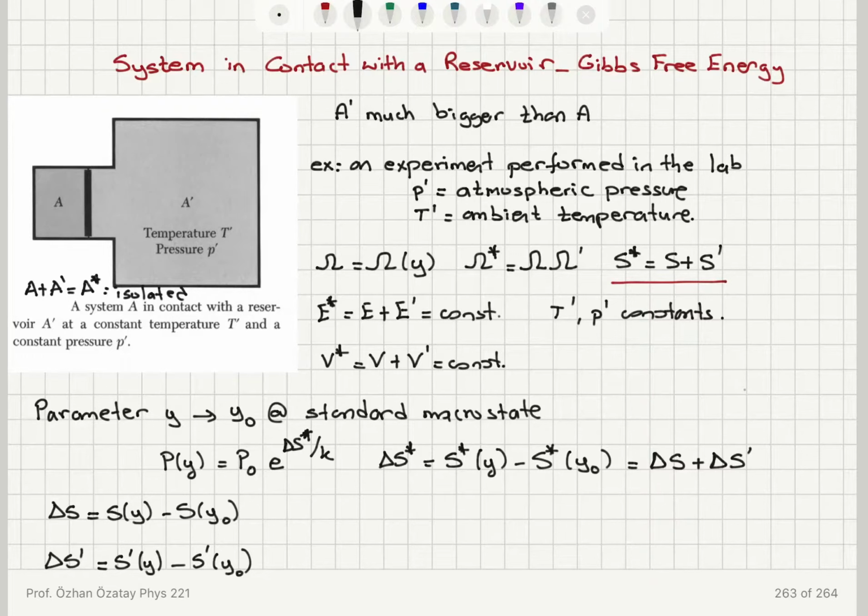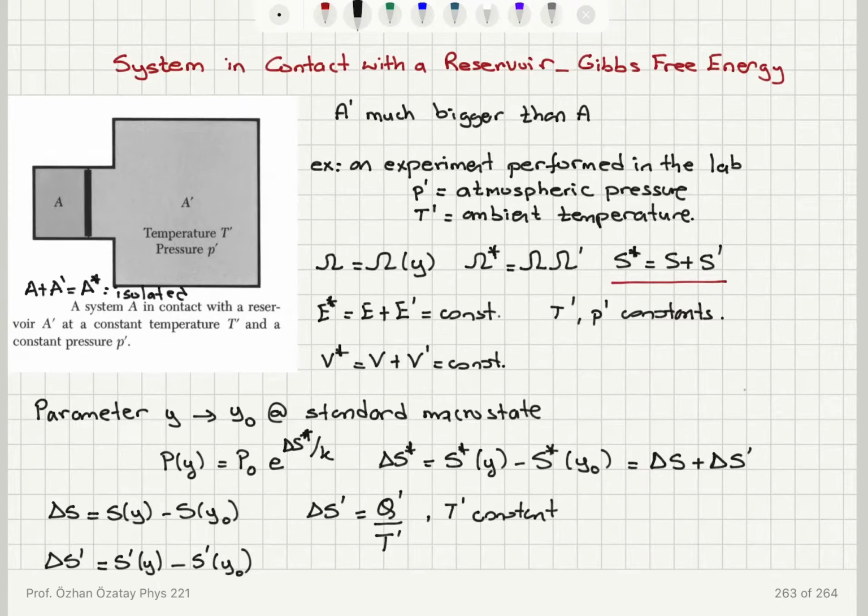So we can see that the entropy change delta S star, using our fundamental thermodynamic relation, is equal to the heat absorbed Q prime at constant temperature T prime, because T prime is a constant. It's a heat reservoir.